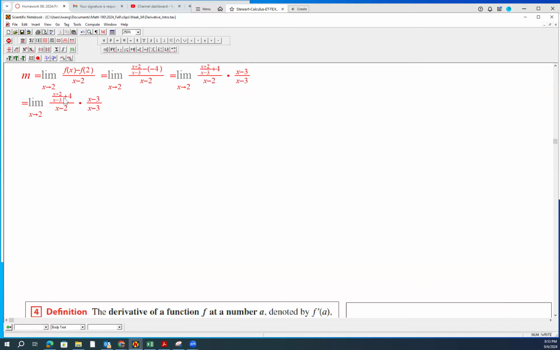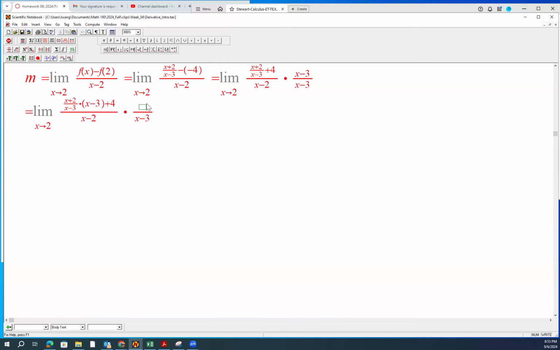So x minus 3 times that, and times, we need a parentheses here. Let me put 300% here. Okay, and x minus 3 is also going to multiply 4 times 4.